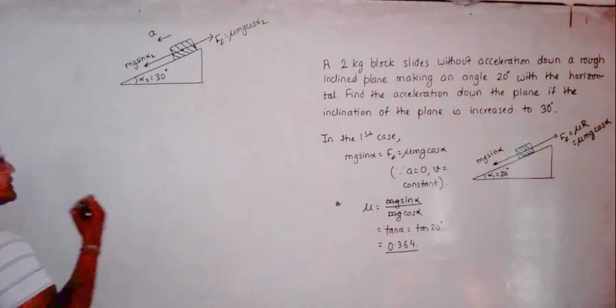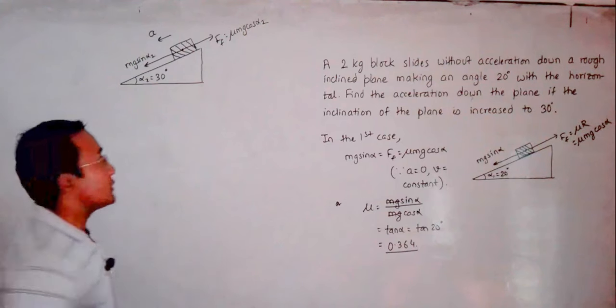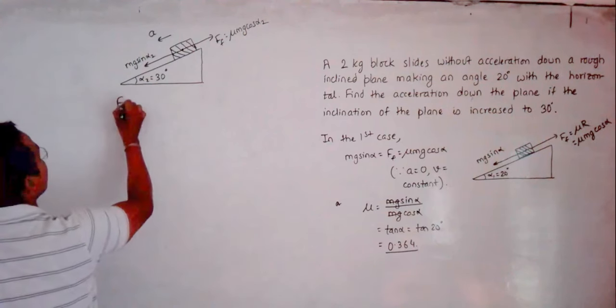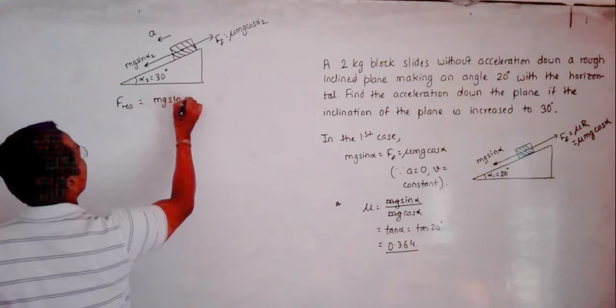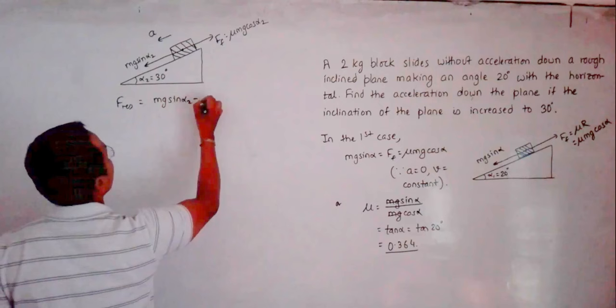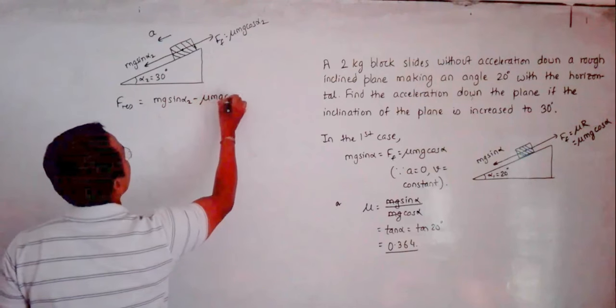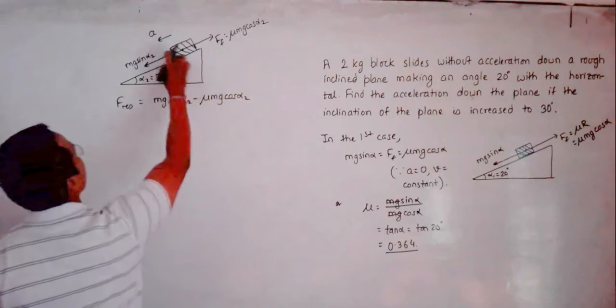Now since there is a resultant acceleration down the plane, we must have the resultant force equal to mg sine alpha 2 minus mu mg cos alpha 2. So this minus this.